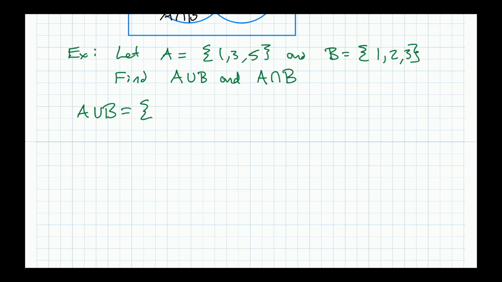Everything in A is 1, 3, 5. And B has 1, 2, 3. We've already written the 1 and the 3, so we just need to add a 2. That's everything in A and everything in B, so that's the union.